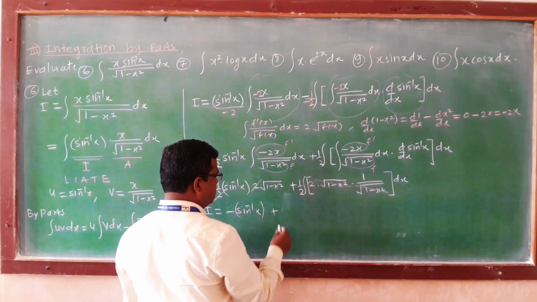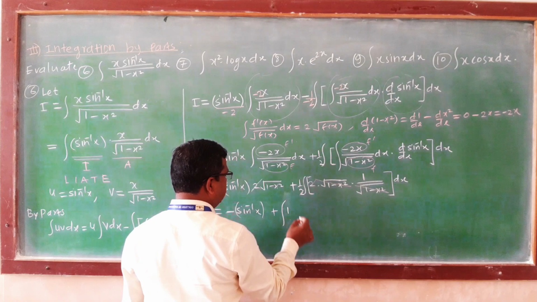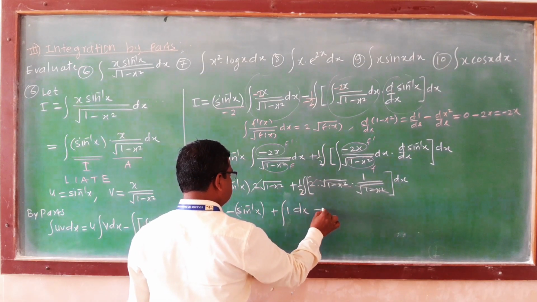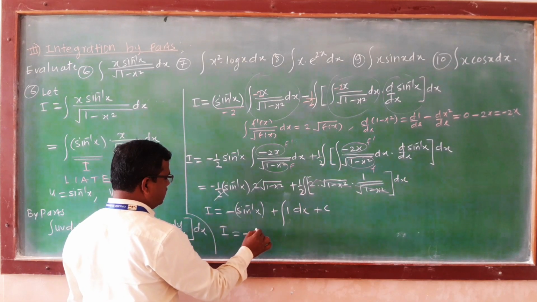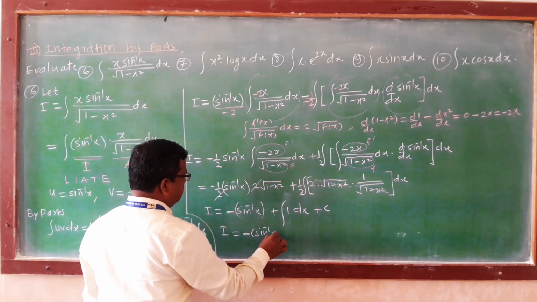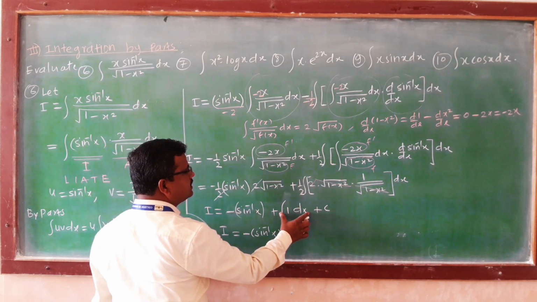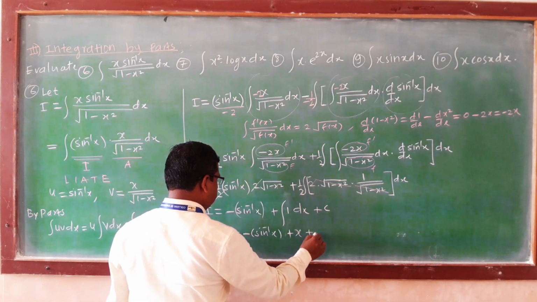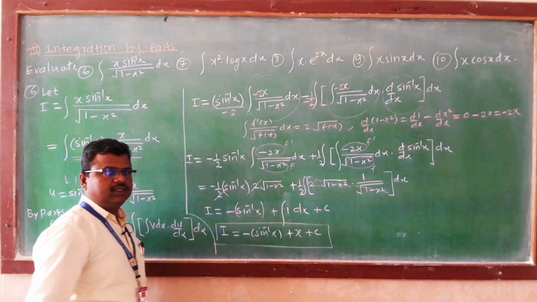So this is plus integration of, this term will get cancelled, only 1 will be left, 1 dx plus c. So I is equal to minus sin inverse x plus integration of 1, this is standard, which is x plus c. So this is the required value of integration.